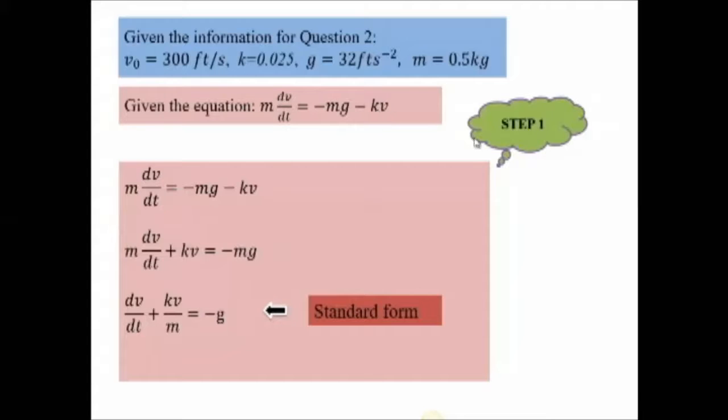Okay, so for step 1, we should make this equation into standard form. So m dv over dt equals negative mg minus kv, and dv over dt plus kv over m equals negative g. It is our standard form.